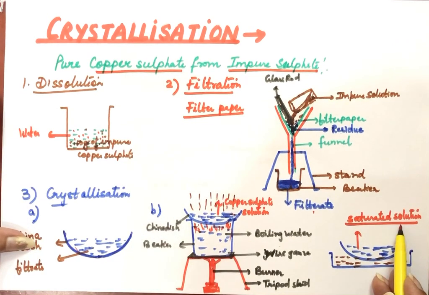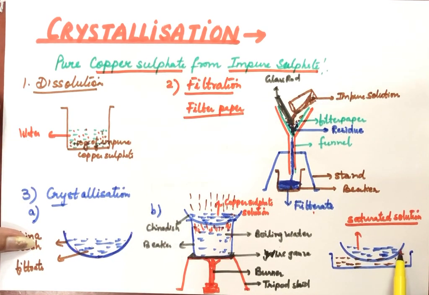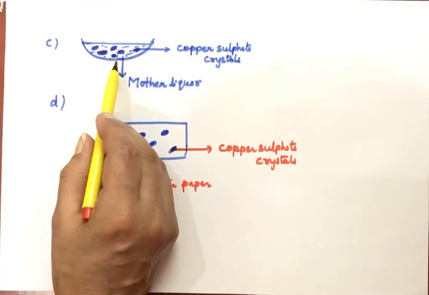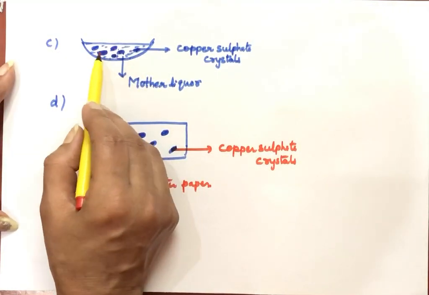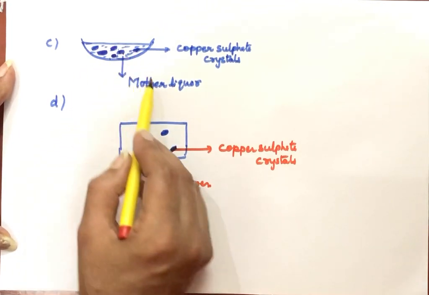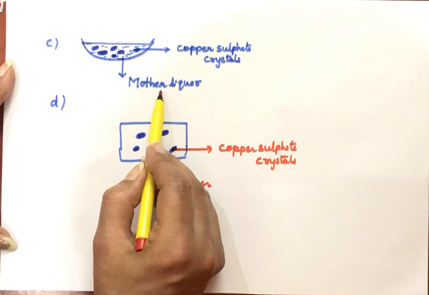And this saturated solution we now have to cool by keeping this china dish on a table, or we can take a container in which there is water at normal temperature and put this china dish in that container. For 5 to 6 hours we have to cool this solution, and after that, in this china dish, we will see the crystals of copper sulfate. And this liquid which is left here will have all the soluble impurities, and this liquid is called mother liquor.